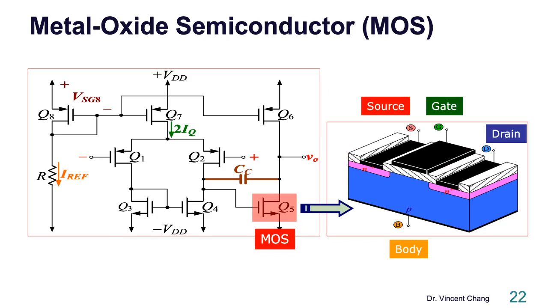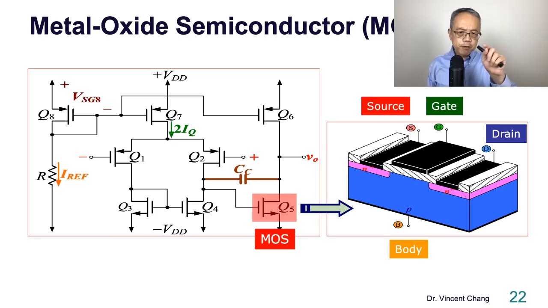There are 8 MOS, metal-oxide semiconductor, transistors within this CMOS OPAMP circuit. Each MOS, let's say the one in the bottom right corner called Q5, has its physical structure shown on the right.